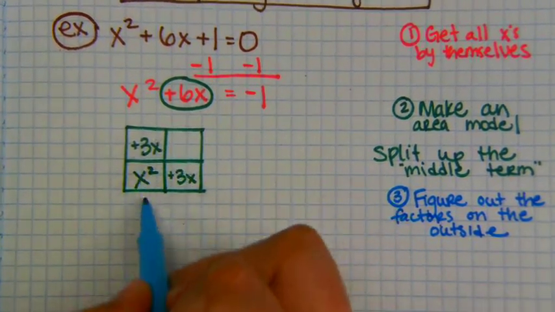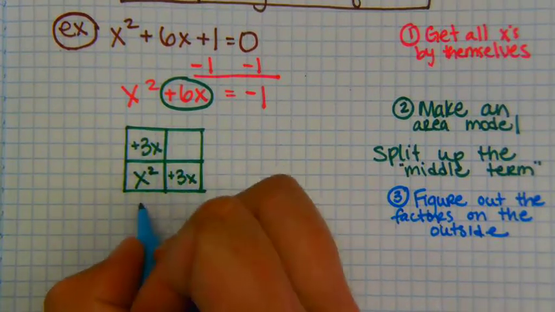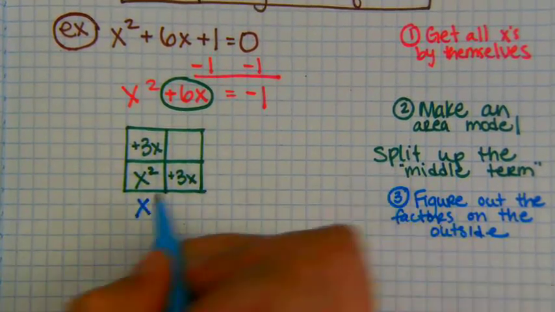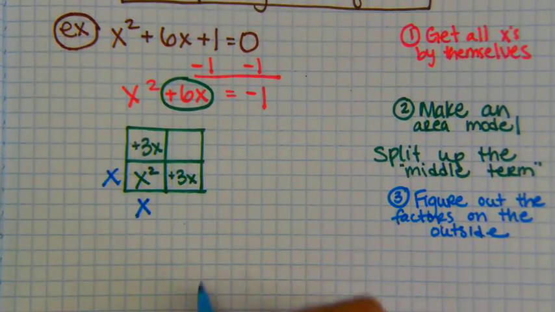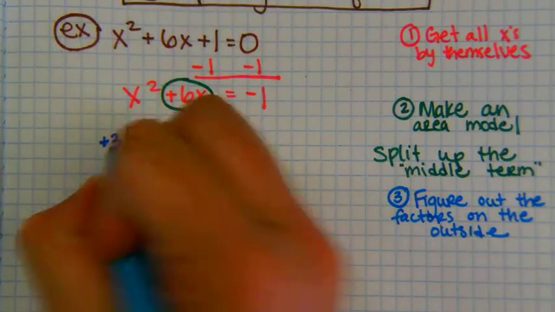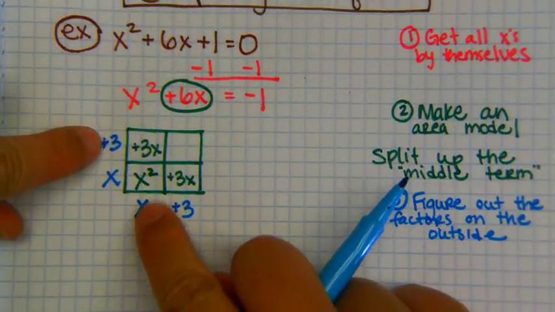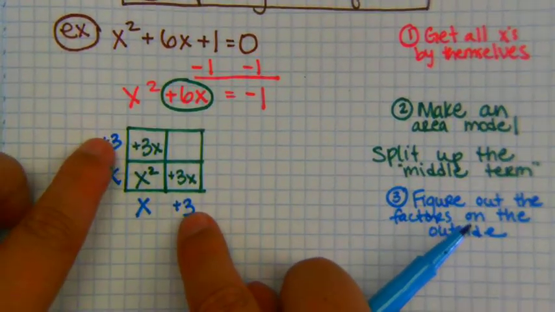We say x squared and 3x. What do they have in common? An x. X squared and 3x, again, have an x. And then these must be plus 3's. Because x times 3 is 3x. X times 3 is 3x, which means those have to be plus 3's.